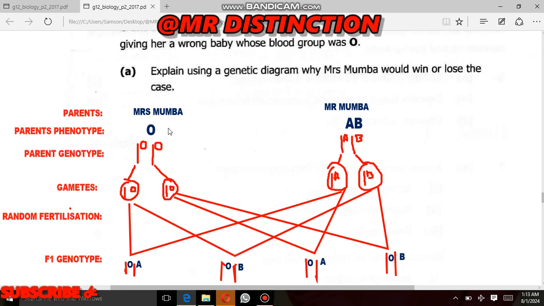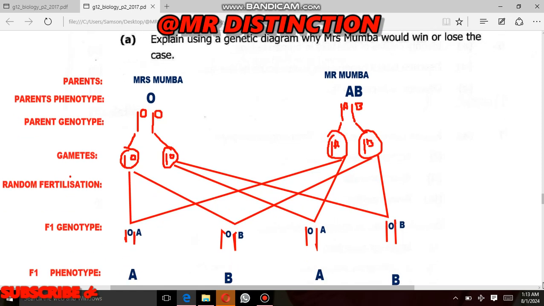The first thing you need to know whenever you are asked to write a genetic diagram is the procedure of writing any genetic diagram.